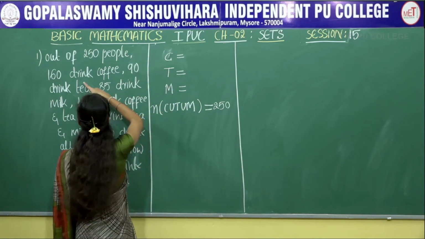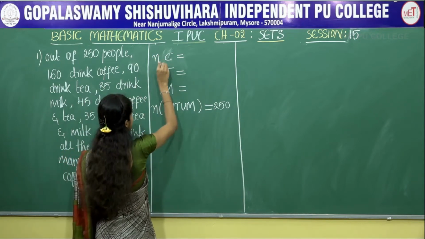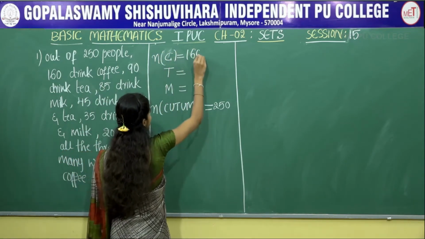So next, 160 drink coffee, so N of C is equal to 160.